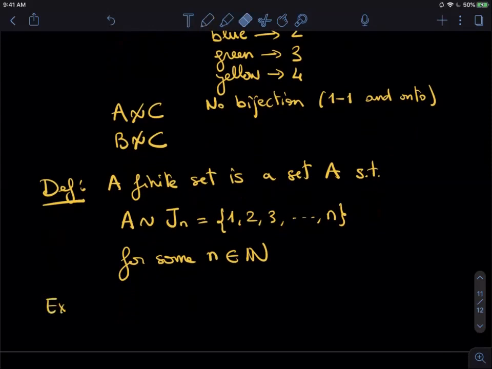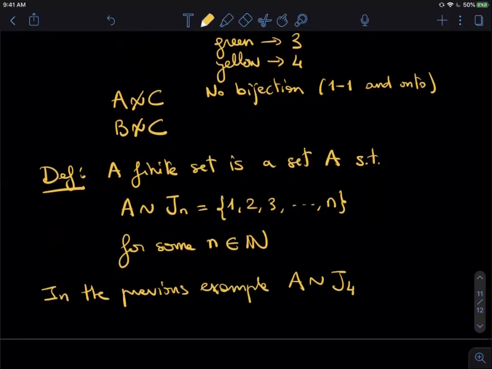Let me write the previous example: A is equivalent to J4, but not equivalent, for example, to J3, or to J25.